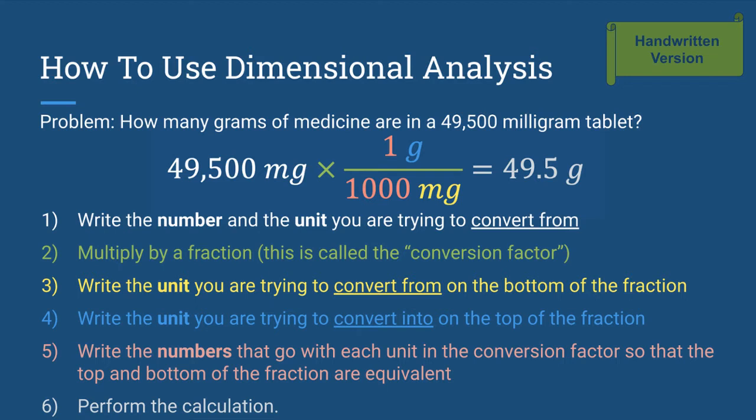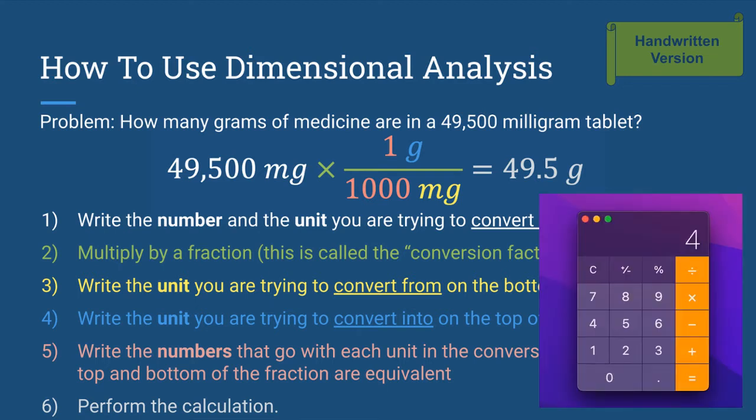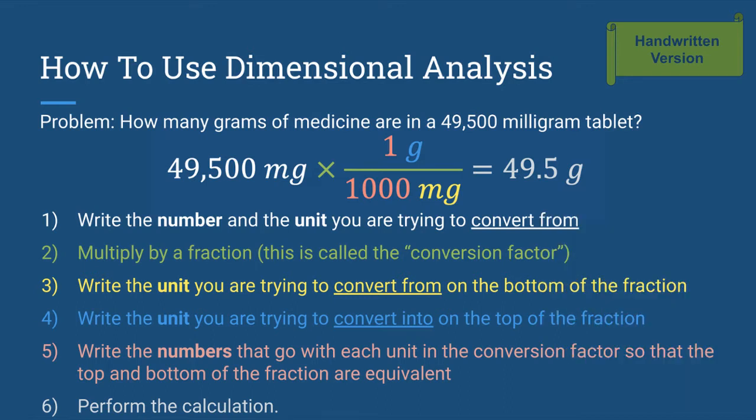For step 6, we're going to multiply the 49,500 times 1 divided by 1,000. That's 49.5. The milligrams cancel out of the calculation because we're multiplying by mg and dividing by mg. But grams, the unit we're trying to get, did not cancel out.